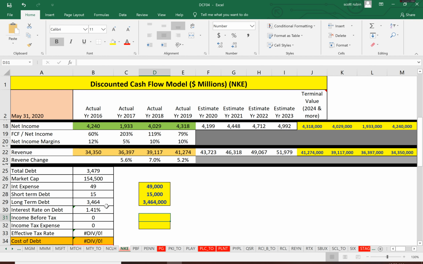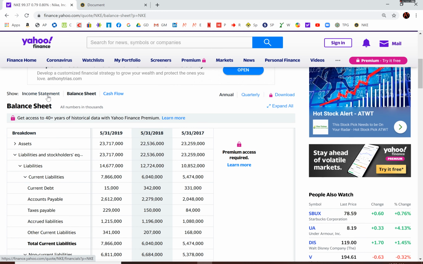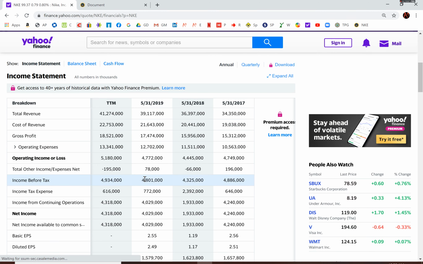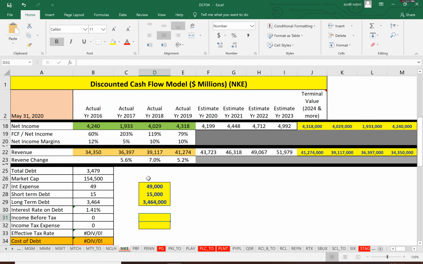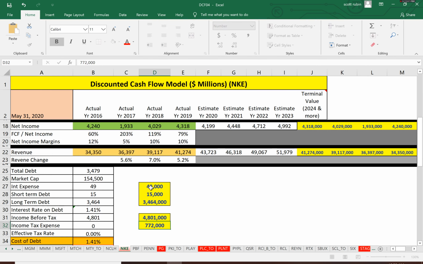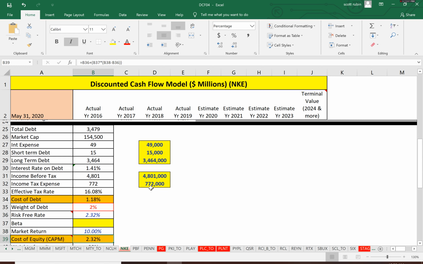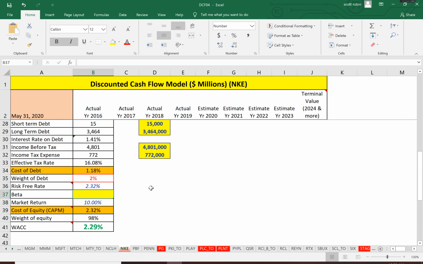So they only pay 1.4% interest on their debt. Interest payments are tax deductible, so let's get their effective tax rate. And that's in the income statement. 16% taxes they pay. So the cost of debt is only 1.18%, and they only have 2% of debt in the capital structure, which is really good.